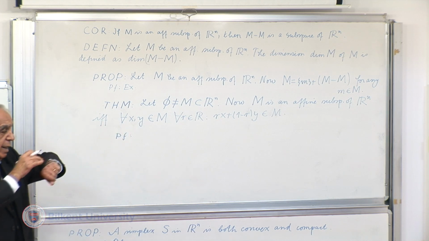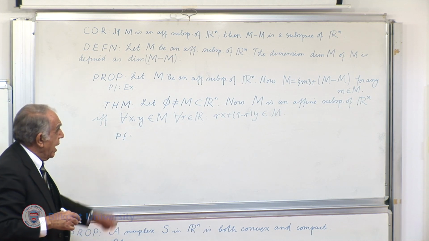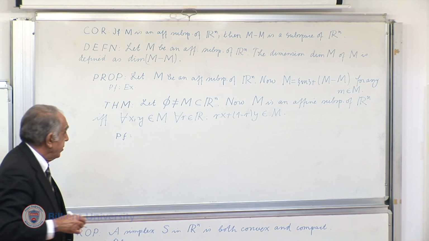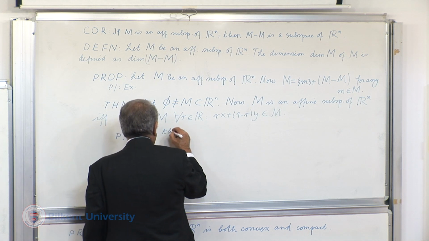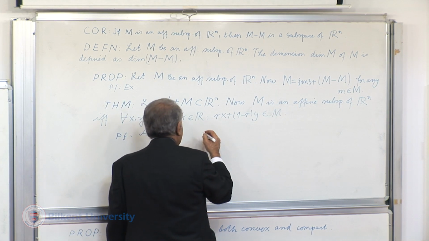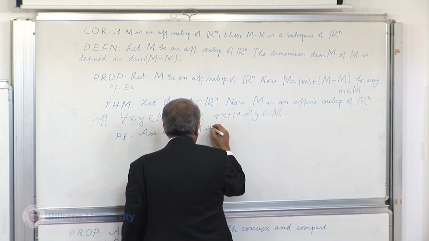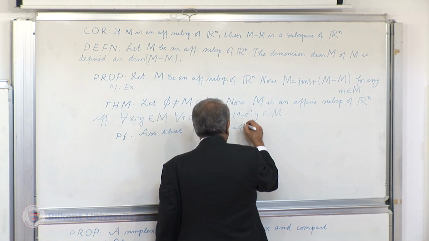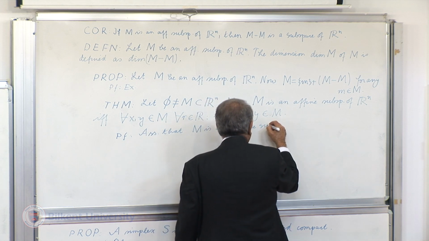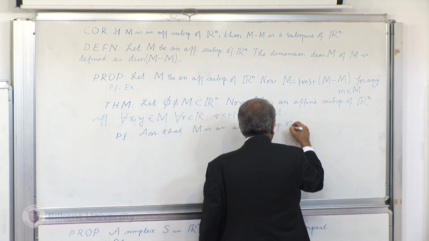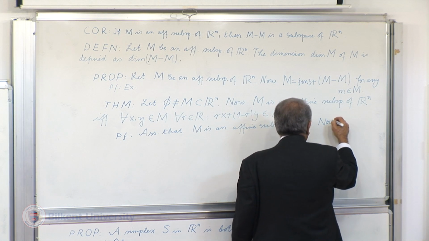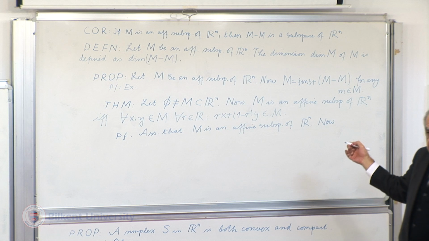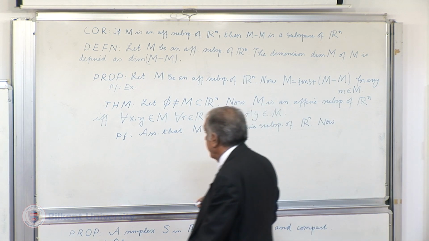Now let's start with the only if part. Assume that M is an affine subspace of Rn. Now, all we know so far is the definition of an affine subspace.